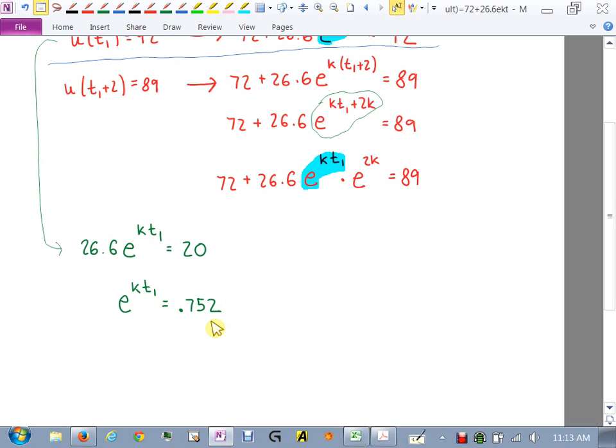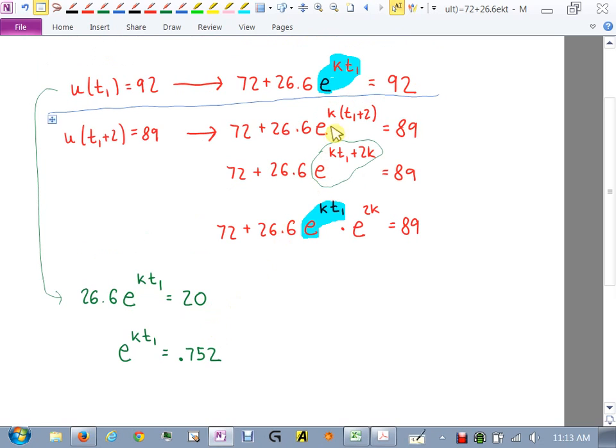So remember, the whole point of this was that I noticed I had e to the kt1 here. This right here looked nasty. I kind of broke it up. I said, I can split it off. See, this is the e to the kt1 also. But what is e to the kt1 according to what we just did? 0.752, right? So now I can go back to this equation, and I can replace e to the kt1 with 0.752.